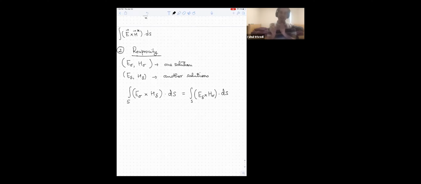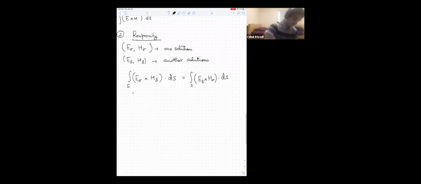It's like a symmetry property. If you swap the indices of the electric and magnetic field, you end up getting the same result, as far as this integral is concerned. So this very loosely resembles a symmetry property.